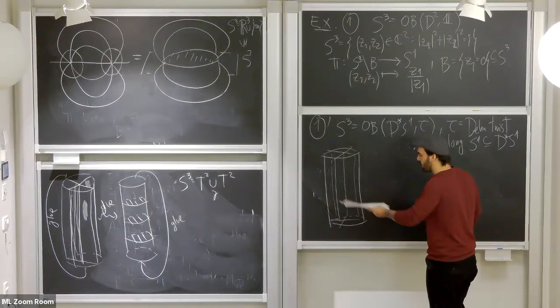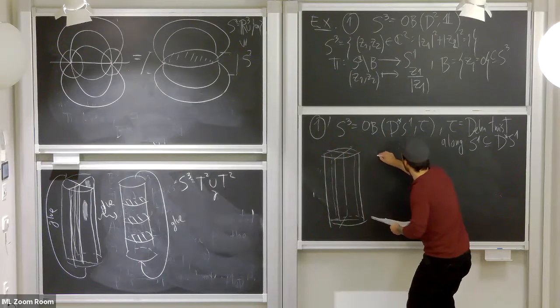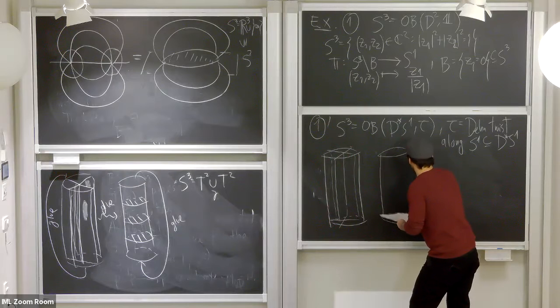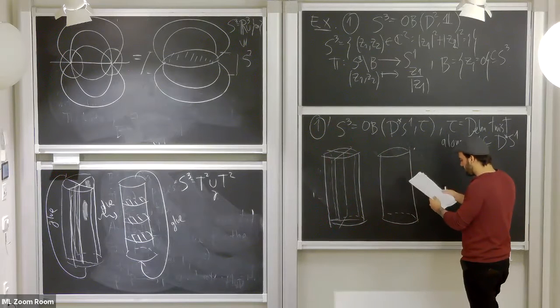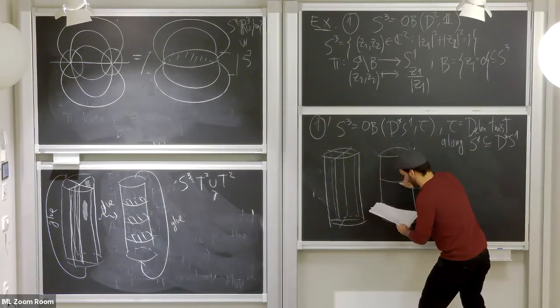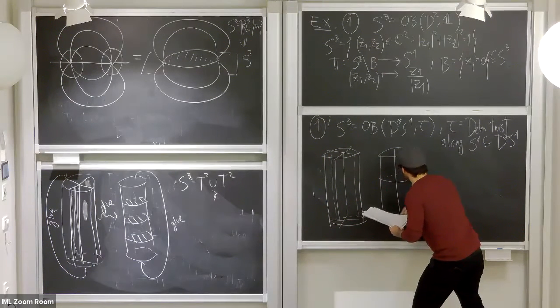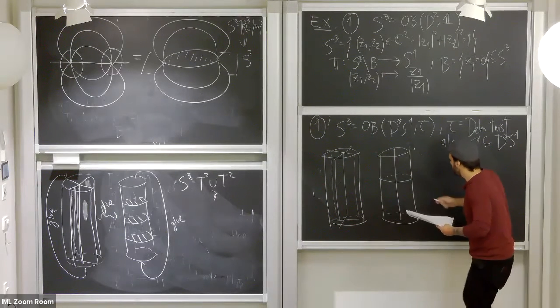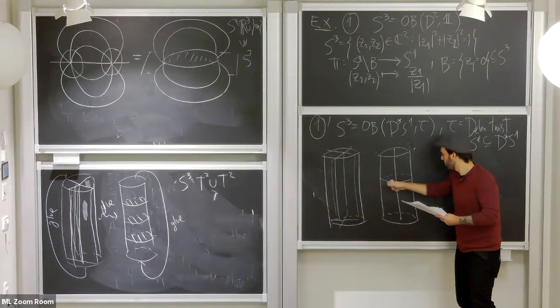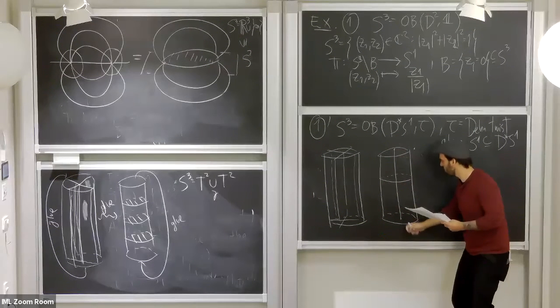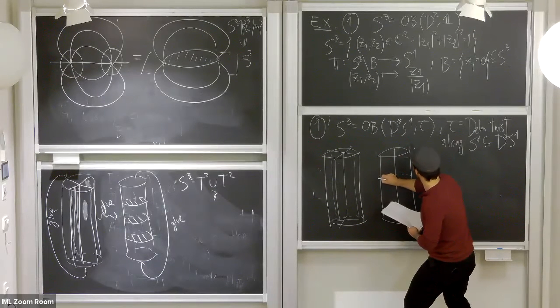And now, rather than taking the second solid torus as before, I will take a solid torus whose foliation looks a bit different. It looks something like this. You need to think what's the best way of putting here an annulus whose boundary is precisely this circle union this other circle here. So it has to look something like this.